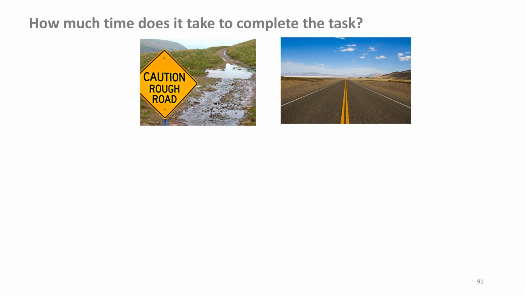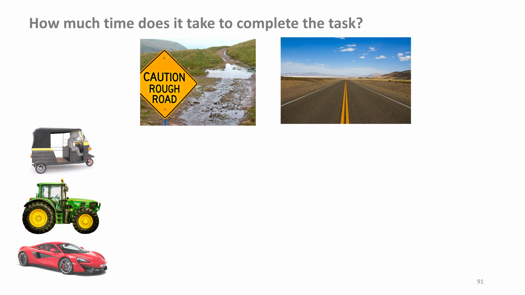We have three resources in our example: an auto rickshaw, also called a tuk-tuk, a tractor, and a sports car. The auto rickshaw takes 2 hours on the left and only 40 minutes on the right for the road conditions here.